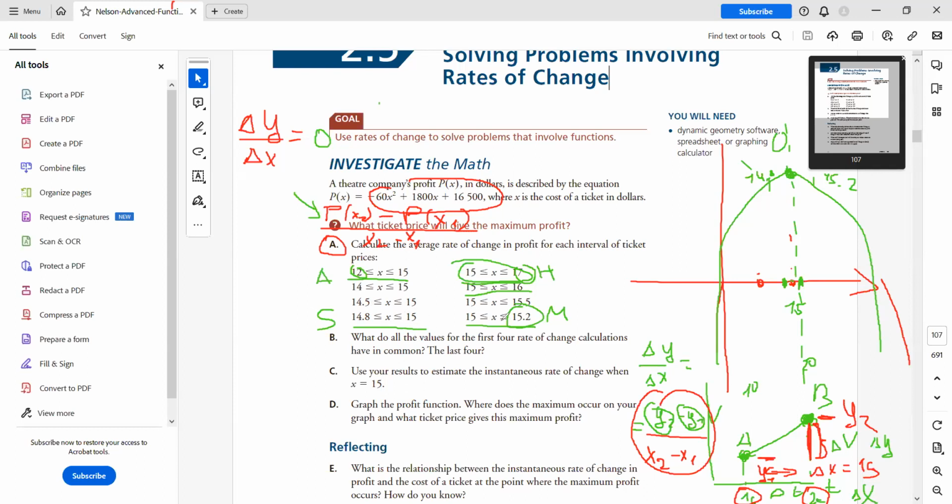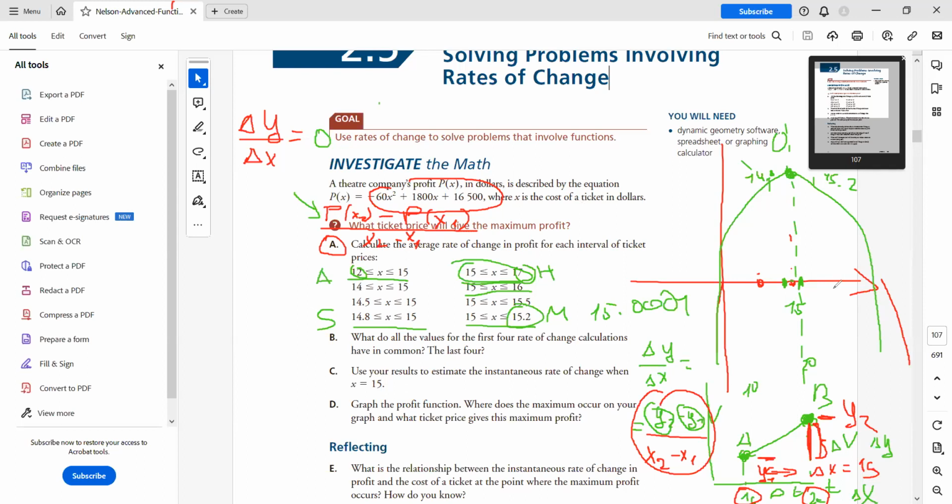And what you're doing is taking the second point as close as possible to 15. For example, 15.0001 would be even closer to 15 than 15.2. And by doing that, you're going to see that the average rate of change tends to 0 the closer you get to this point. That's one way of approximating the instantaneous rate of change.